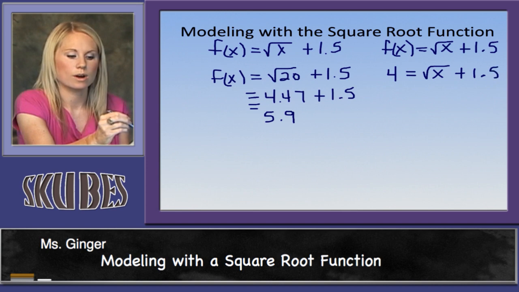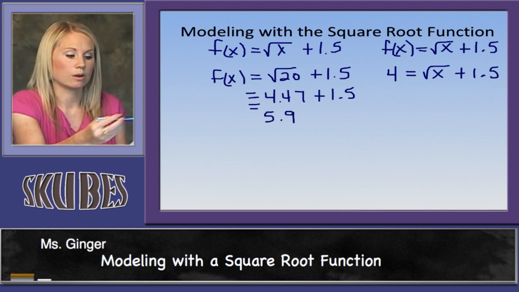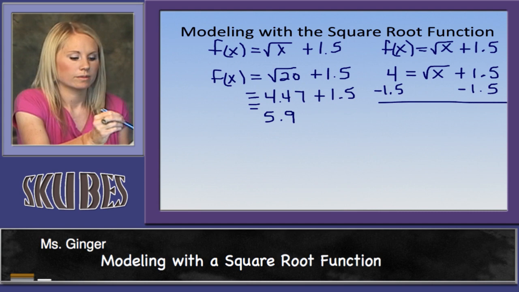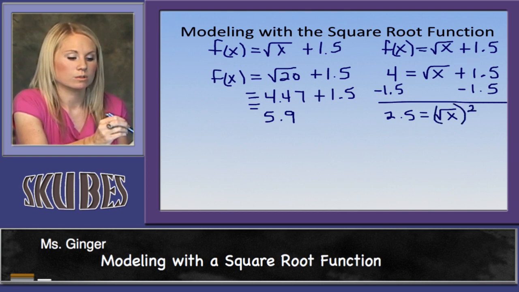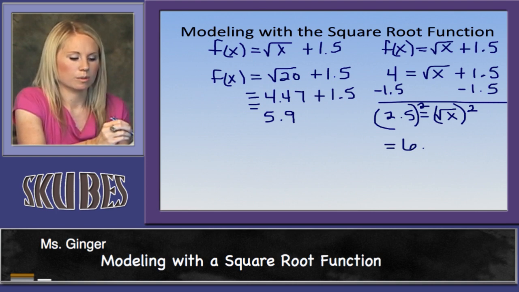So we're going to put it in for y this time. We're going to do a little bit of solving to get our x by itself. We've got to do opposite operations. So move over our 1.5. And we have 2.5 equals square root of x. And to get rid of the square root, we want to do the opposite operation, which is squaring. Calculate that out. You're going to come up with approximately 6.25.